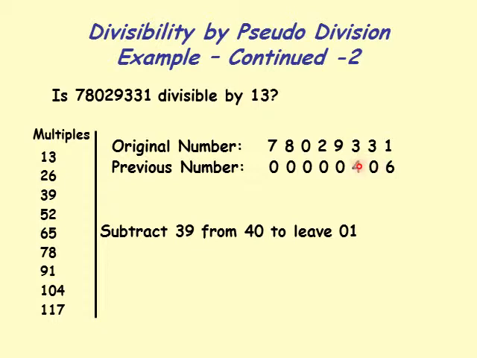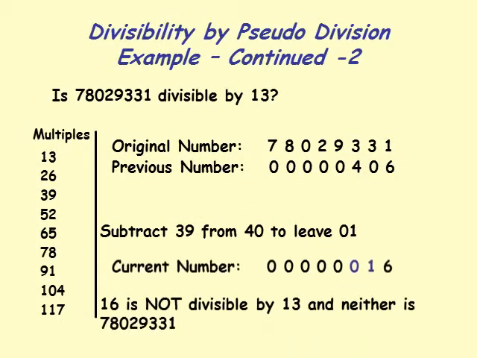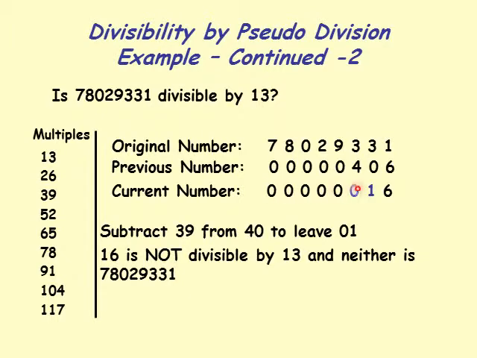I got 40 here, so we subtract 39 from 40 to leave 01. That would leave me 016. So I got 16 here. 16 is not divisible by 13. It's not in this list here. So 16 is not divisible by 13, and neither is 780293331.